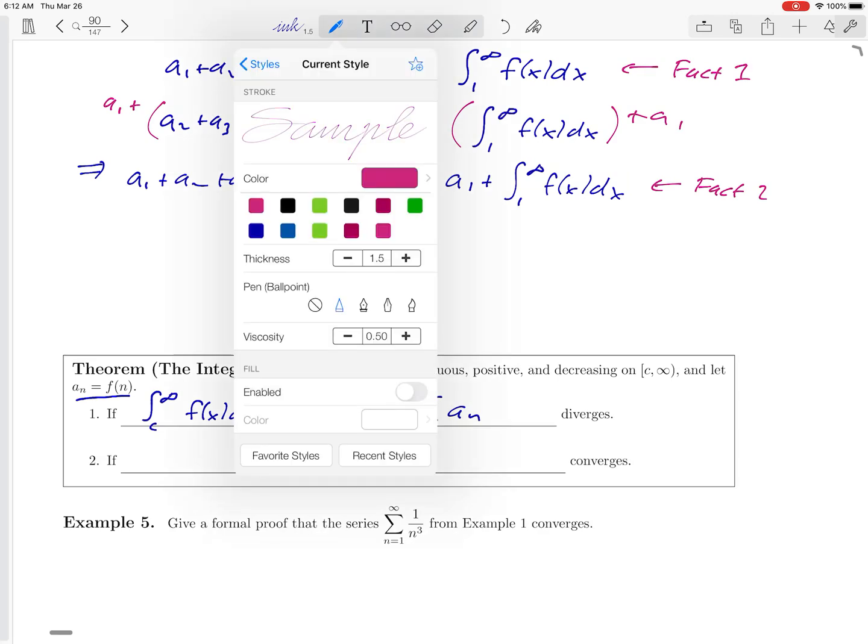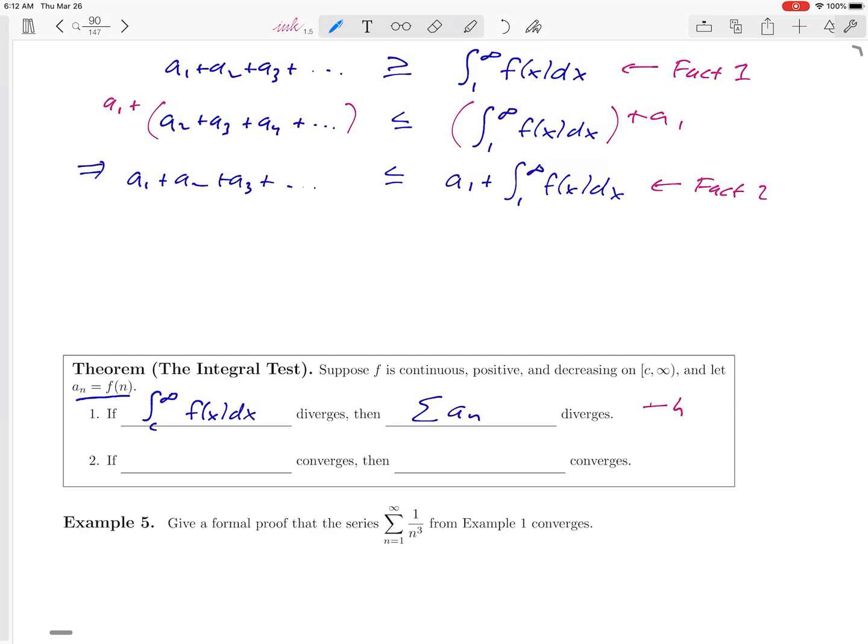Where does this statement come from? I claim that it actually comes from fact number 1 above. Let me see if I can convince you of that. If you take the first part of this statement, that the integral diverges, that's like going up to fact number 1 and looking at the right-hand side of that inequality and saying it diverges, which means that it must go off to infinity.